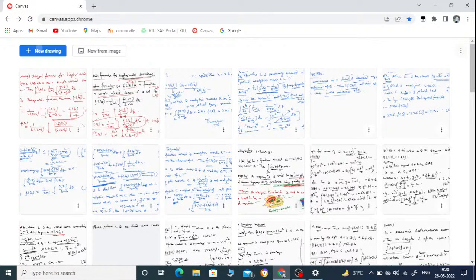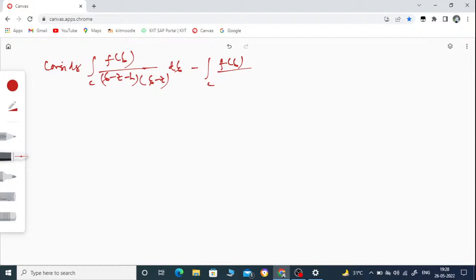Now go to the next page. Now consider the integral over C of f of ζ divided by ζ minus z minus h, times ζ minus z, dζ, minus the integral over C of f of ζ divided by ζ minus z whole square, dζ.